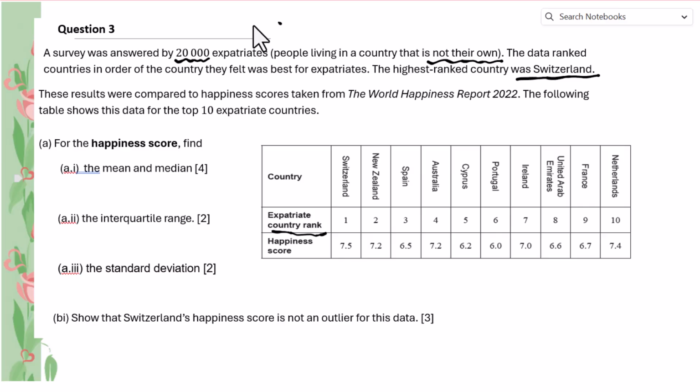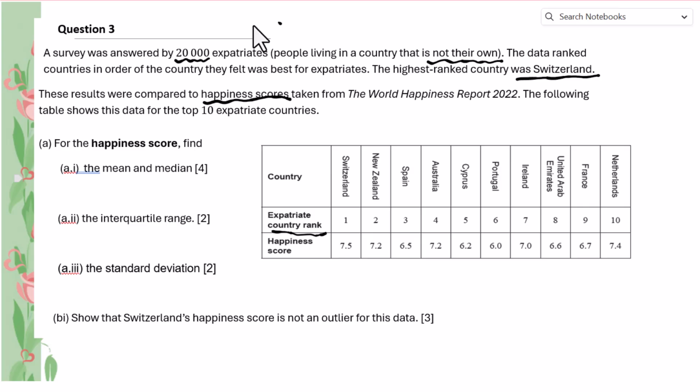Second place, New Zealand. These results were compared to happiness scores taken from the World Happiness Report 2022. The following table shows this data for the top 10 expatriate countries.